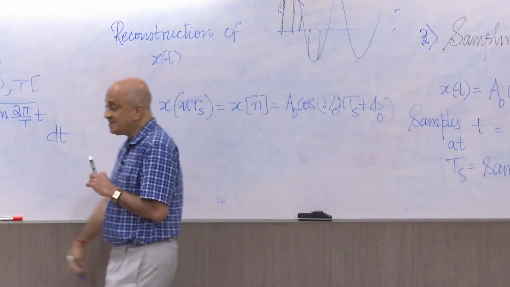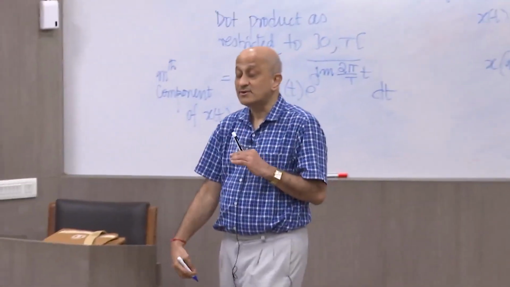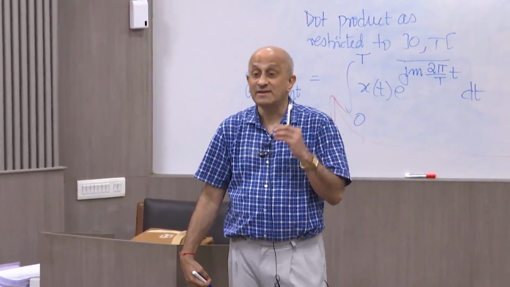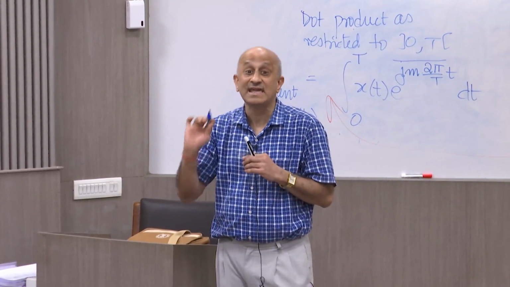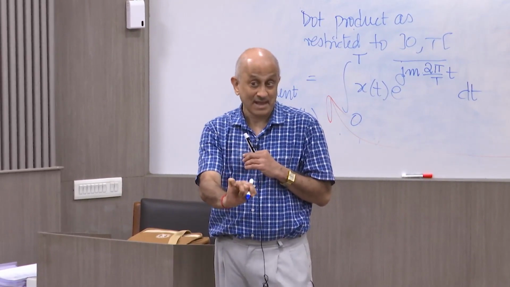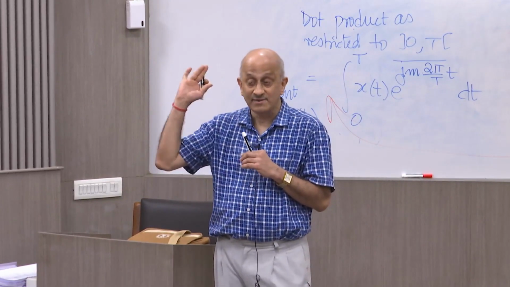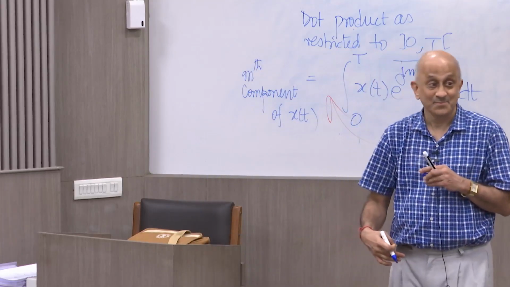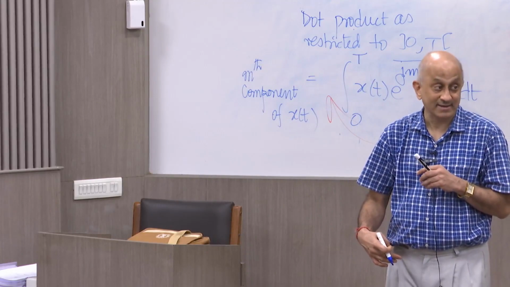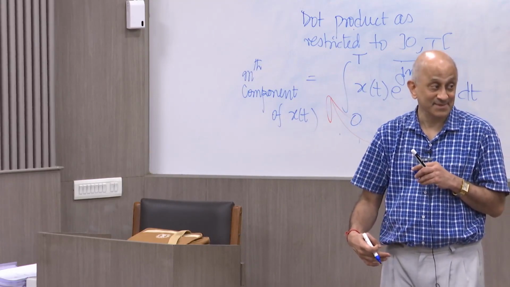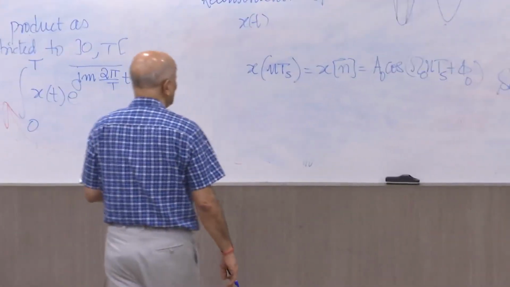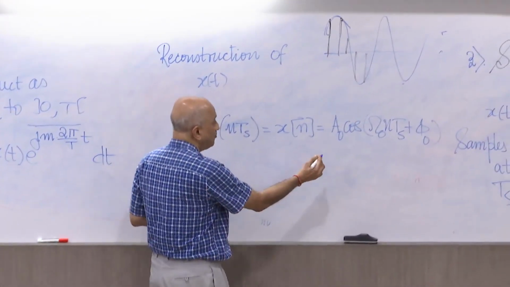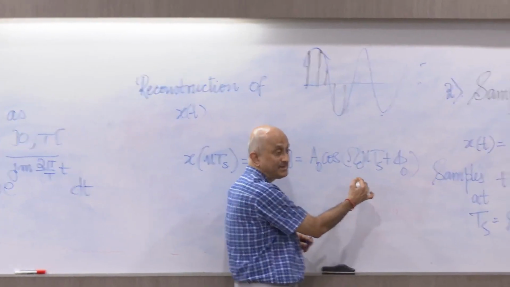Now, to answer the question, which other sine waves could have created the same samples in the same places? How many such sine waves do you have which could create the same samples in the same places? No, not twice. What is it that will create the same samples in the same places?